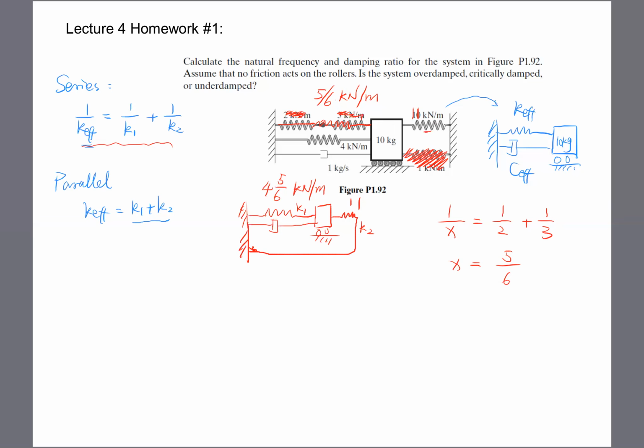The other side of these springs is connected to the mass, so you can connect to the other side of the mass. It becomes a parallel spring group again. So eventually you will have K effective equals K1 plus K2. That's 15, 5, 6 kilonewton per meter.